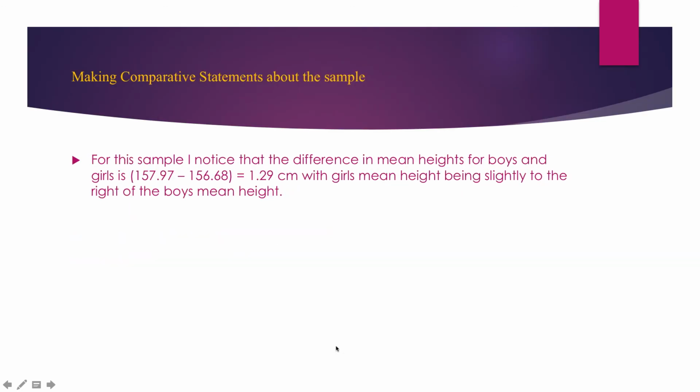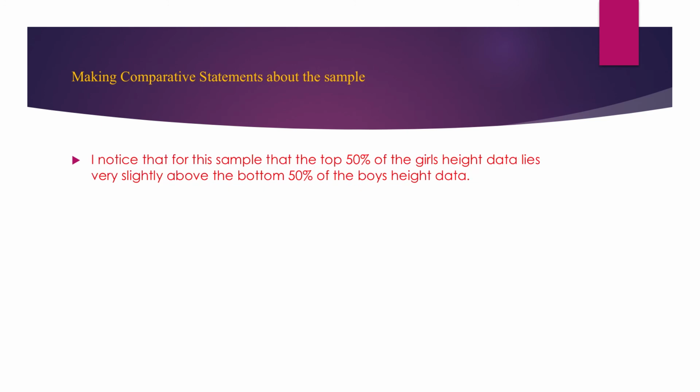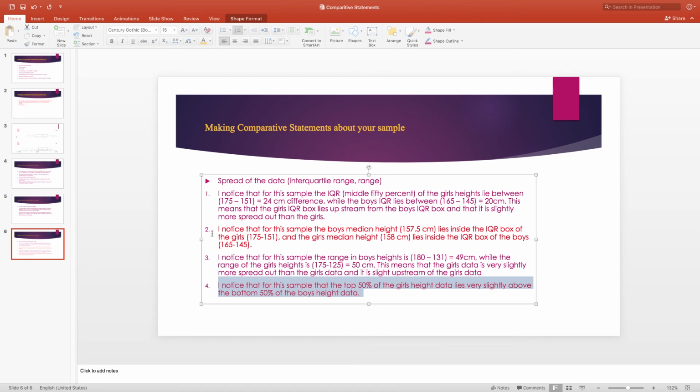So let's go down to here, and I'm going to change this actually. I noticed that for this sample, the top 50% of the girls' data lies, and actually it doesn't lie very slightly above.